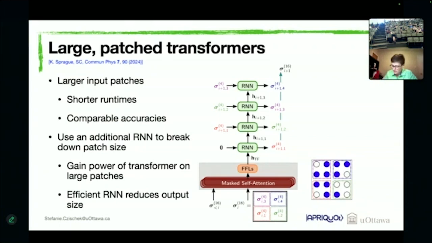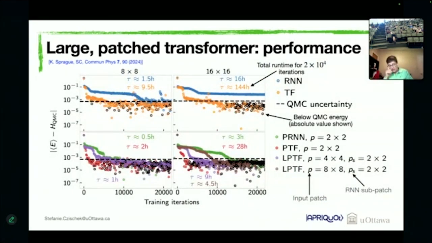Okay. And so let's add this large patch transformer approach to our collection of results here. So now we added the purple and the brown dots here, which are the large patch transformer with 4x4 or 8x8 input patches, followed by this RNN, which breaks everything down into 2x2 patches. What we find is that the convergence takes a bit longer, so we need some more training iterations.